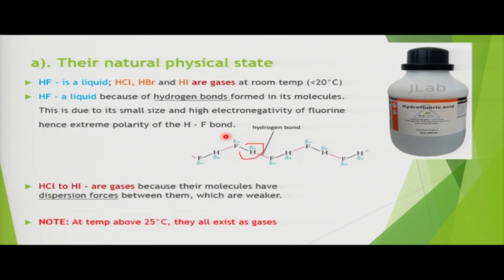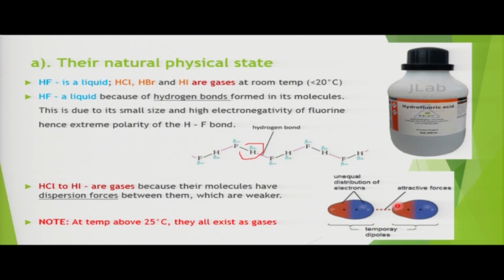Let's make a comparison with the rest. The rest, they have dispersion forces of attraction, as you see, also due to an unequal distribution of electrons as a result of difference in electronegativity.